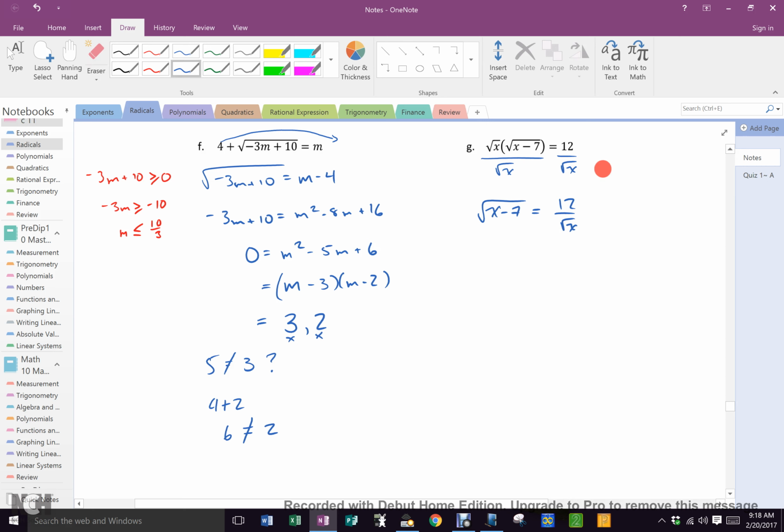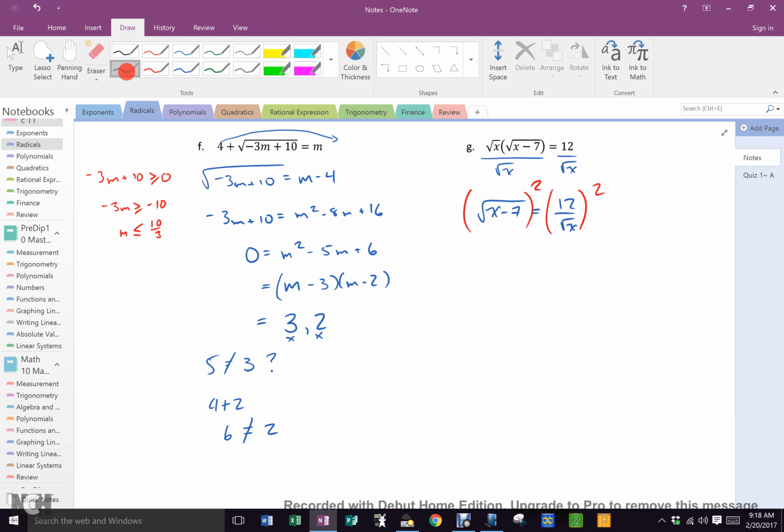I could square both sides, couldn't I? Because wouldn't squaring this get rid of this? So I have 2 options given to me. They both would work. So I'm going to use this one because by squaring it, I get rid of 2 things, don't I? I get rid of this root and this root. Got it? All right, so let's do it.